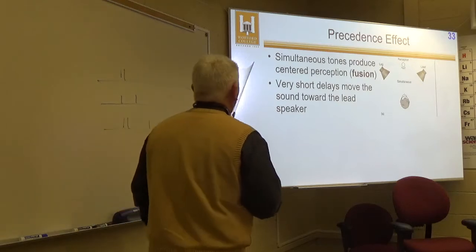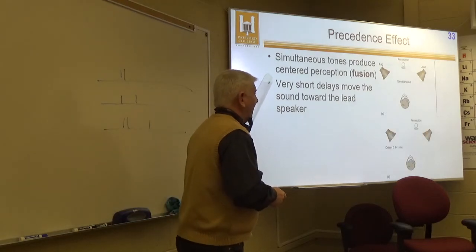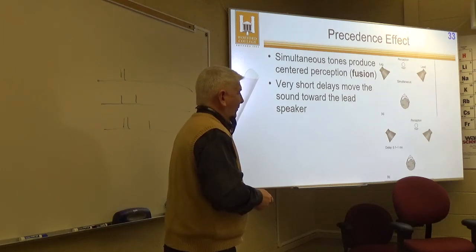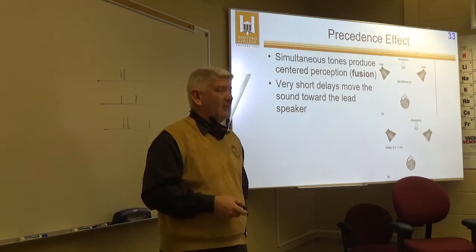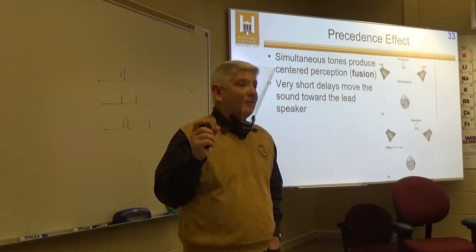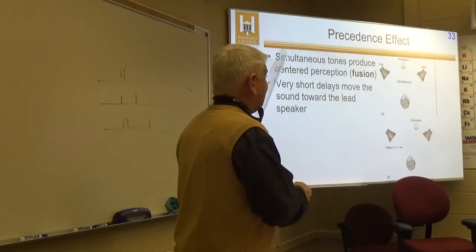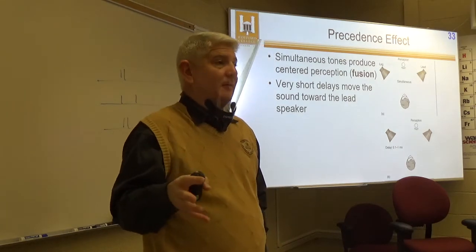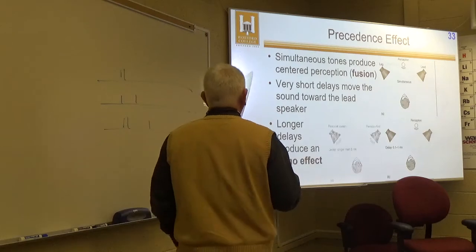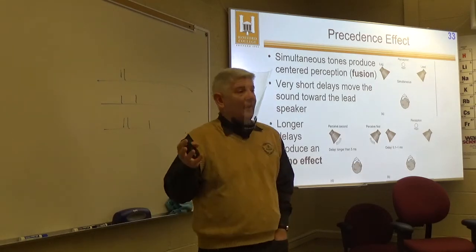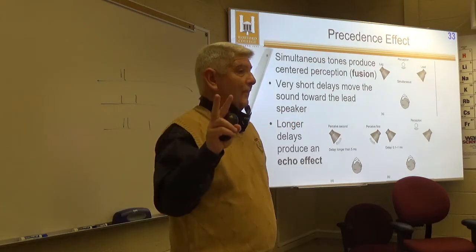Right? As we now have delays and we now move that sound, we have the sound coming from the right speaker before the left speaker, very short delays, we're now moving the perception of where that sound is originating towards that speaker. And it turns out that if we have a delay that's long enough, we hear two sounds.